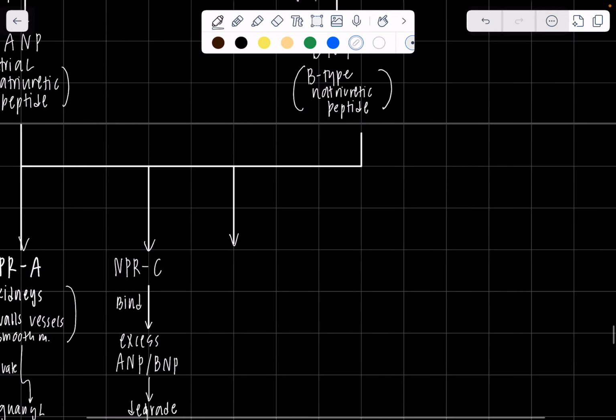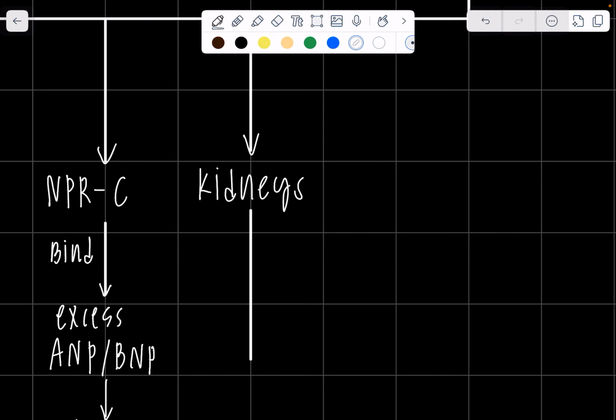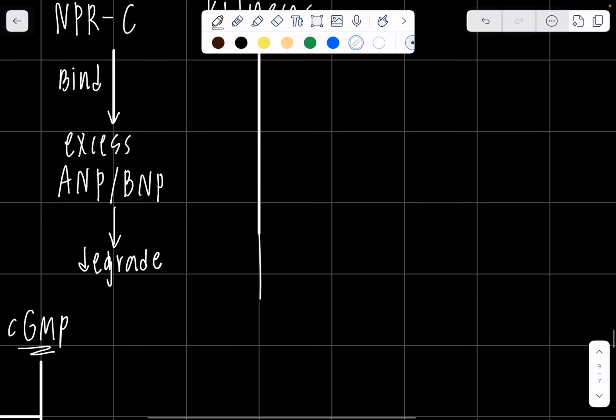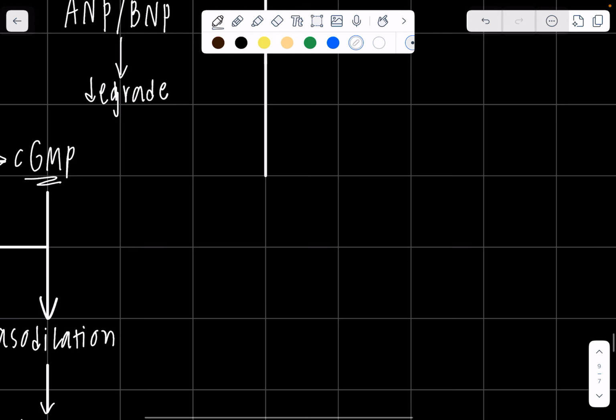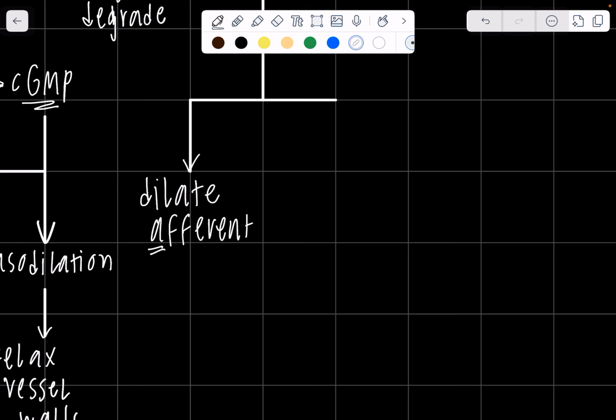Moving on, the ANP and BNP hormones also act on receptors within the kidneys. And what they do in the kidneys is two things at once. One is they will dilate our afferent arterioles. Afferent, with the A, means blood that's traveling towards the kidneys, right?